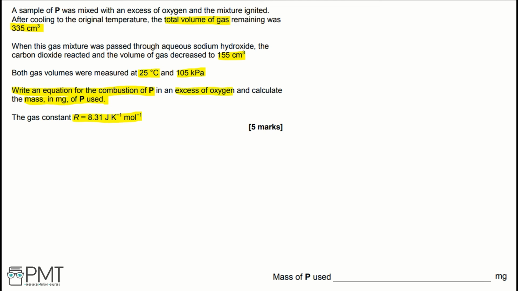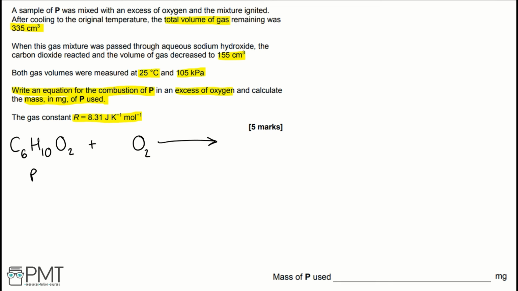We know the formula for P from the first bit of this question, so we can start by writing the equation for combustion, which is C6H10O2, so that's P, plus oxygen, because we know we're reacting it with an excess of oxygen, and we're going to undergo combustion.